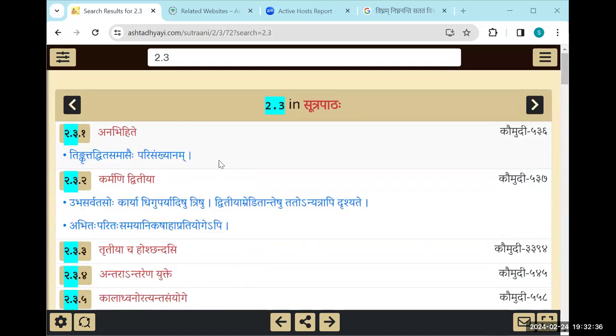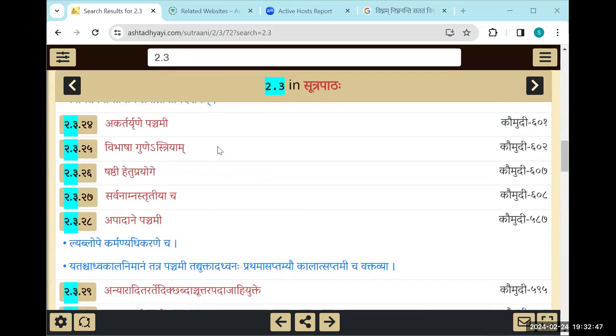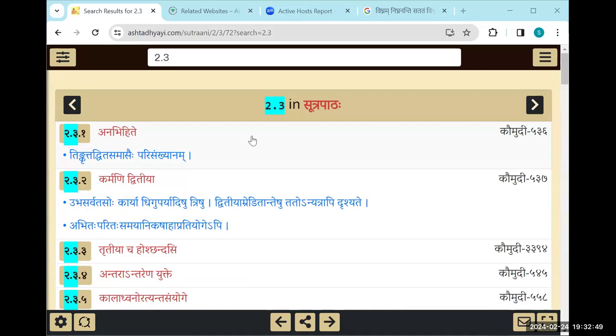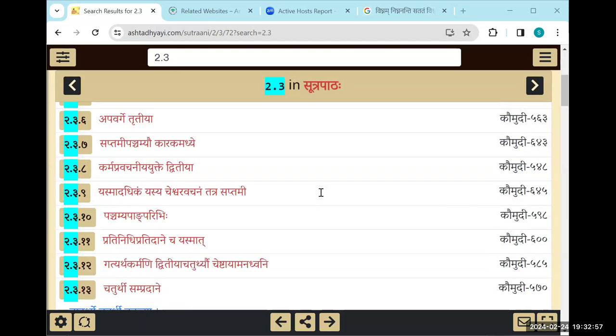Otherwise, don't go further. It puts a boundary right there. And this will run all the way as Anuvritti in this whole section. I'm not trying to teach you Ashtadhyayi, okay? But this is just by the way, so that you gain something more. Now, Anabhihite, you hold on to.